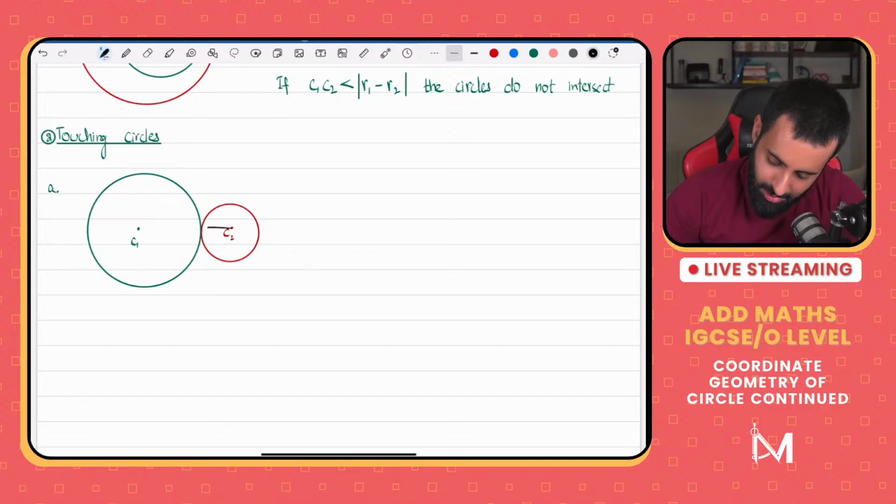Now the distance between these two centers, as you can see, is equal to the sum of the radii. So here's R1 and here is R2. Let's write it down.